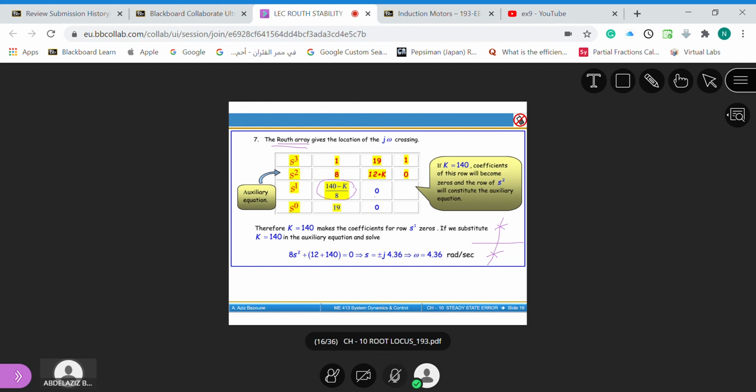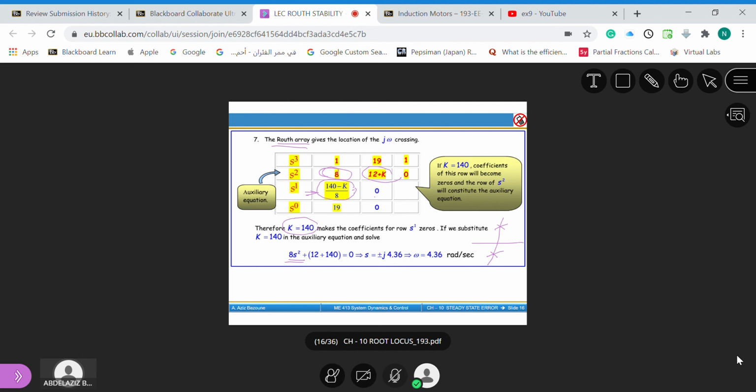In this case, if this is a row of zeros, you will formulate your auxiliary equation. The auxiliary equation here will be simply 8s squared plus 12 plus k equal to 0. This will be valid, or will be 0, only if k is equal to 140, as you can see.